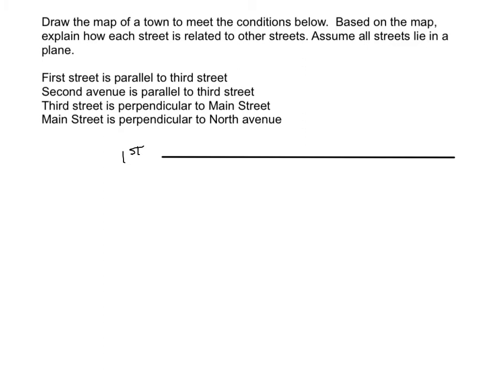So now I'm going to draw another line. And let's put Third Street down here. We'll move it over like so, and we'll label it. Okay, so these guys are parallel to each other. Okay? Second Avenue then is parallel to Third Street.